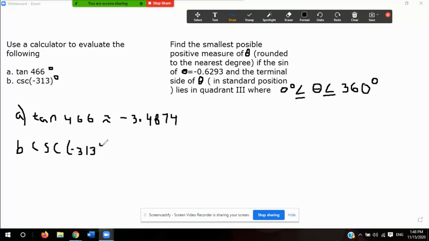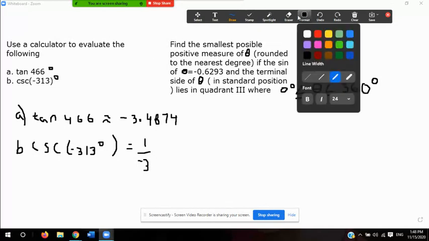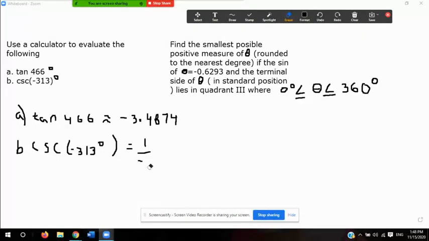Now we know that the cosecant is the reciprocal of the sine. So this is going to equal 1 over the sine of negative 313.